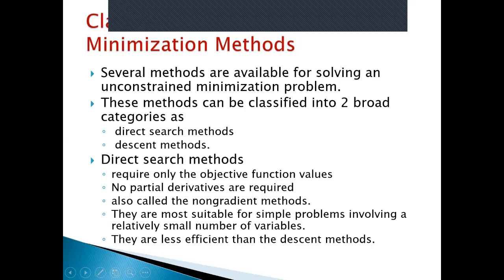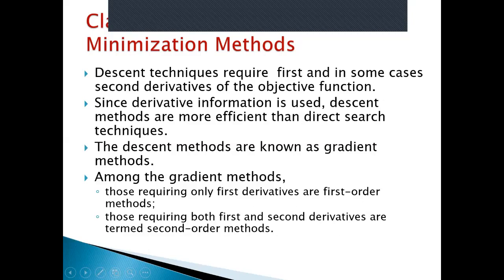They are more suitable for simple problems and a small number of variables, but they are less efficient than the descent methods. In descent methods, we take the first order or second order derivative of the objective function. Since derivative information is used, descent methods are more efficient than direct search methods, and they are called gradient methods.